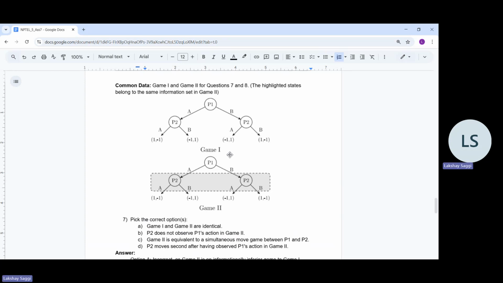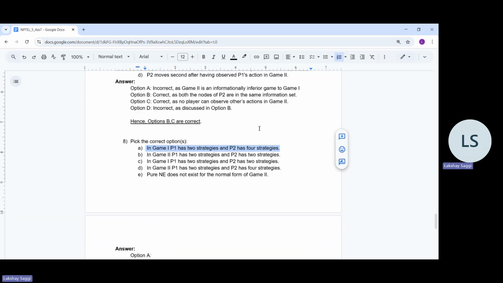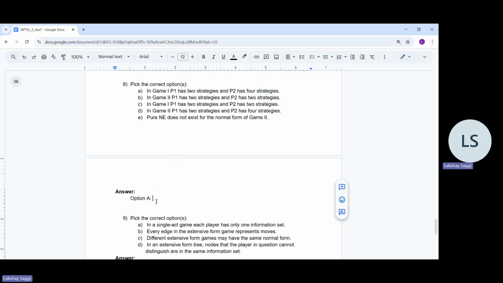P2's strategies will be possible functions. If player one played A, then player two has two possible choices for f of A, and similarly two possible choices for f of B. So the total number of strategies will be 2 times 2. So this is actually true.